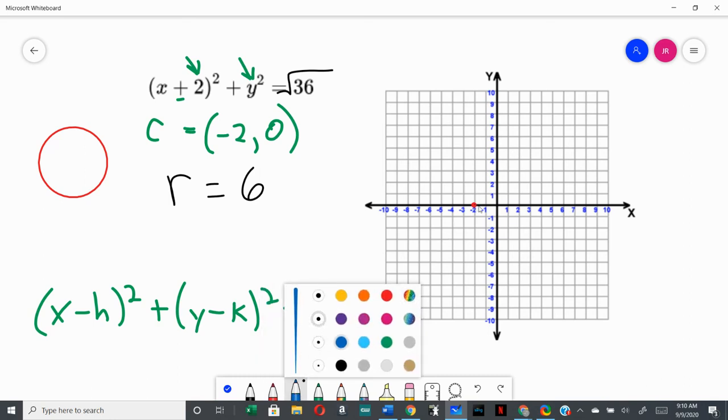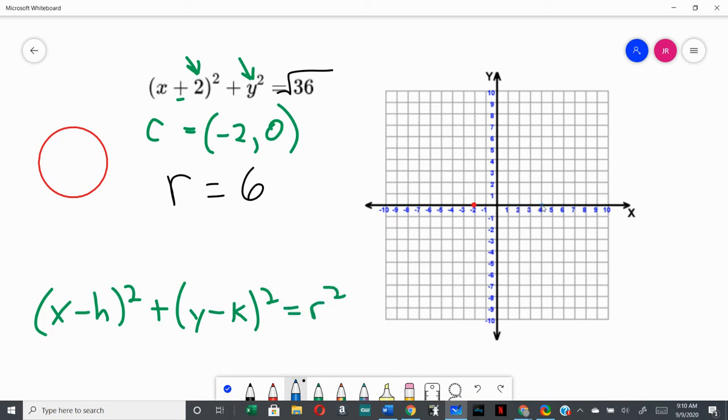I count 6 units each way, up and down, left and right. Then I'm just going to draw the circle.